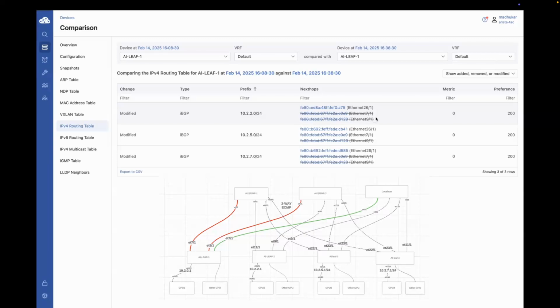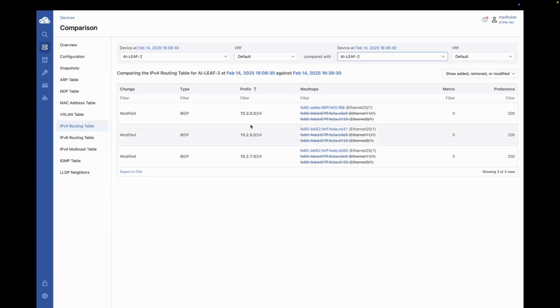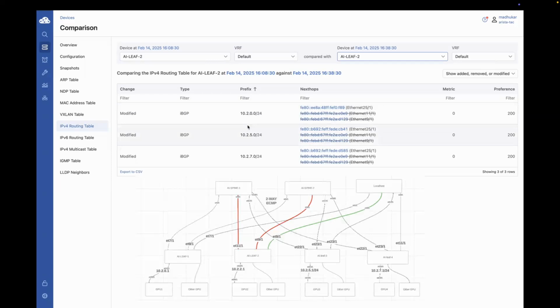Let's take a look at the other prefixes, and we see that a similar result is being observed for the other prefixes in the routing table as well. And let's quickly confirm the result on the AI leaf 2 as well. As we can see here as well, for these prefixes, if we compare it to the topology diagram, these are the prefixes being used for the inter-rack communication.